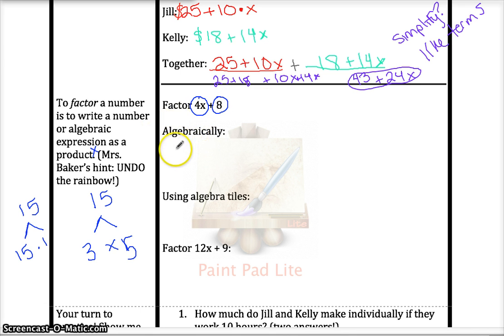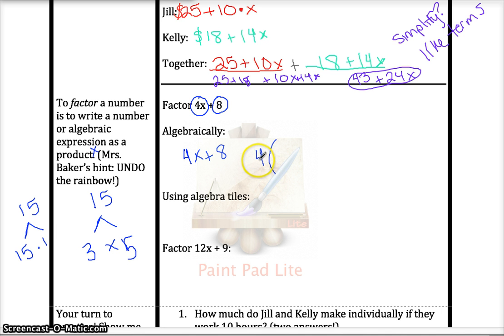And we're first going to look at it algebraically because I think that's a little bit easier. Your book looks at algebra tiles first, but I preferred the algebraic process. So we've got 4x plus 8, and I know that 4 goes into both. So basically, I am creating a distributive property problem. I'm undoing the rainbow.